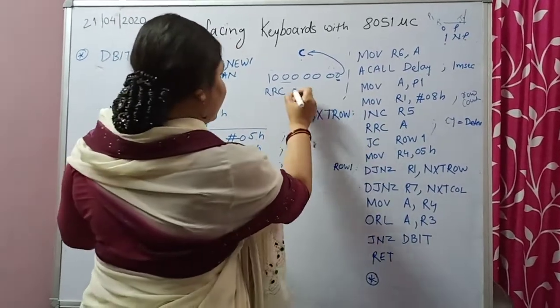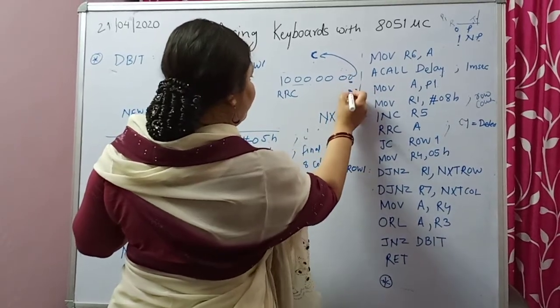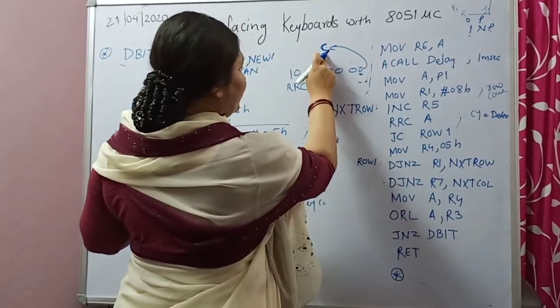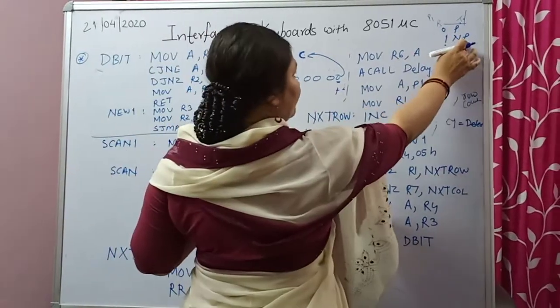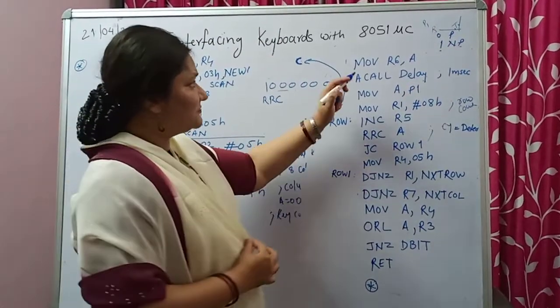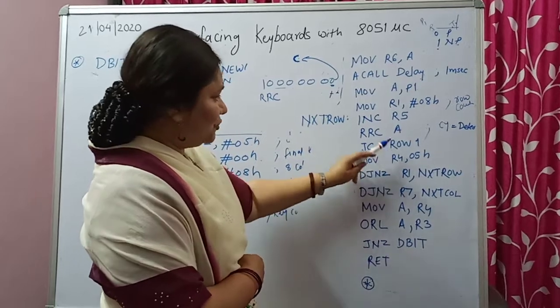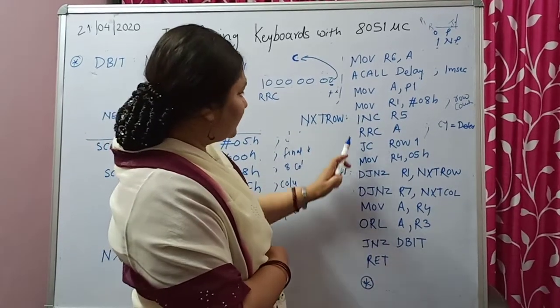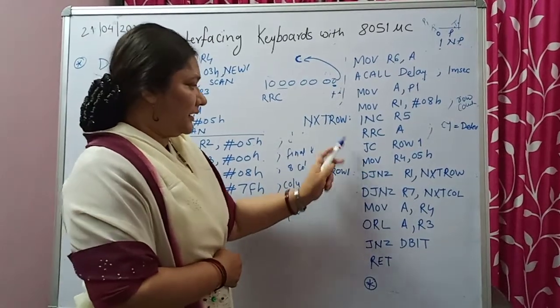Now this will be moved over here, and the status will go to carry. Again you check. If carry is 1, that means no key is pressed, because we have arranged the hardware such that if the key is pressed it should be 0, and if not pressed it should be 1. We have to do this 8 times.